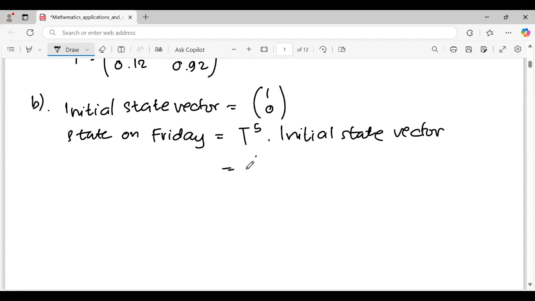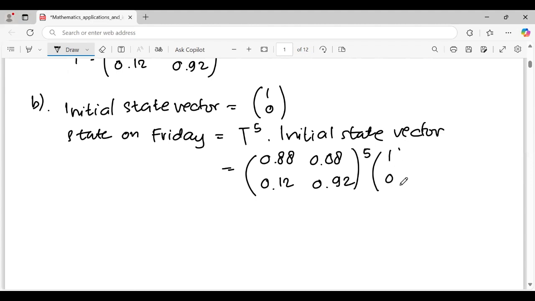So it becomes: I'm writing here, the transition matrix T is [0.88, 0.12; 0.08, 0.92], to the power 5, times (1, 0).